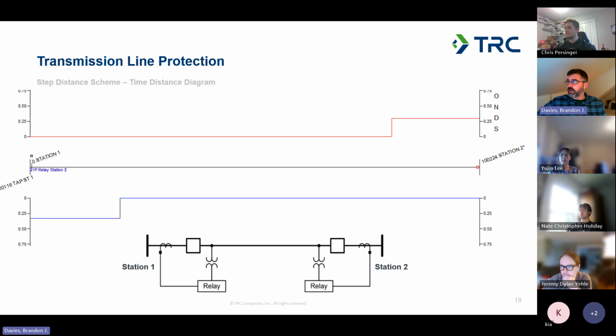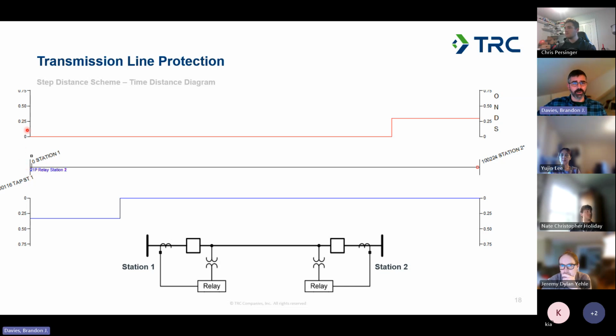Another way that we can use those time distance diagrams is to look at the response of a single line. So we've got our simplified line characteristic here, where we've got the transmission line with the two relays, same one we've been looking at. Well, we can use the same type of diagram to see how the overall clearing of the line is going to look for faults within the line.